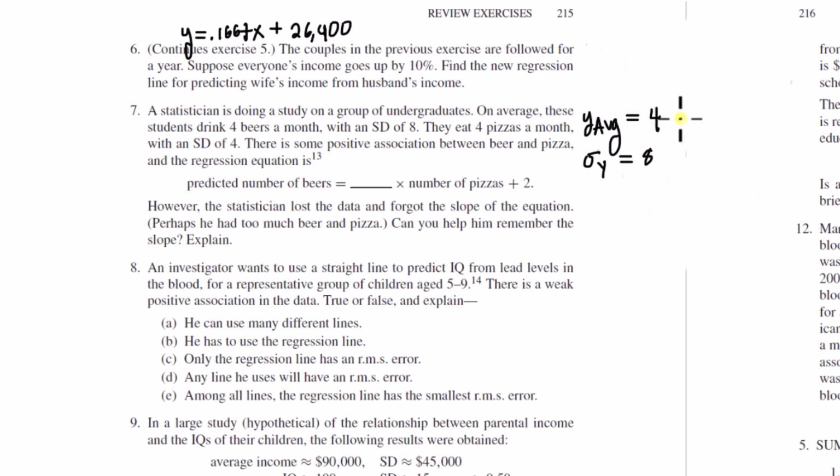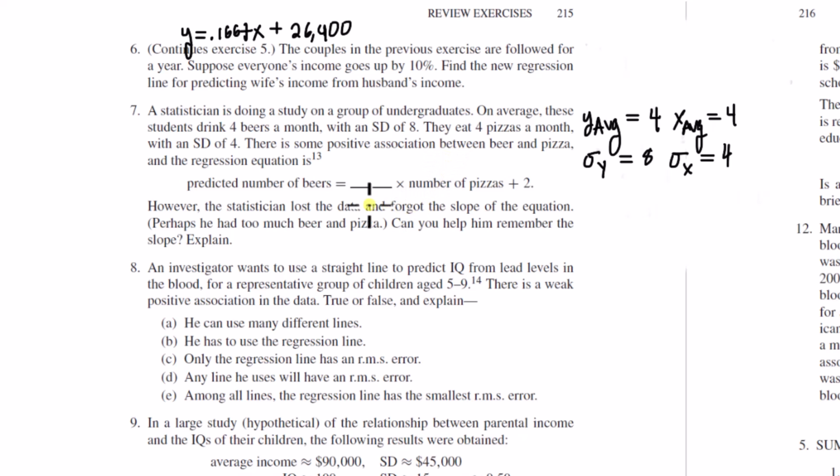Now x average, which is the pizzas, is 4, and then the standard deviation in the x is 4. There's a positive association, so we know that R is positive.